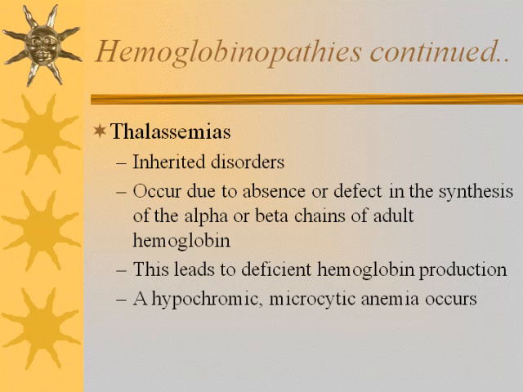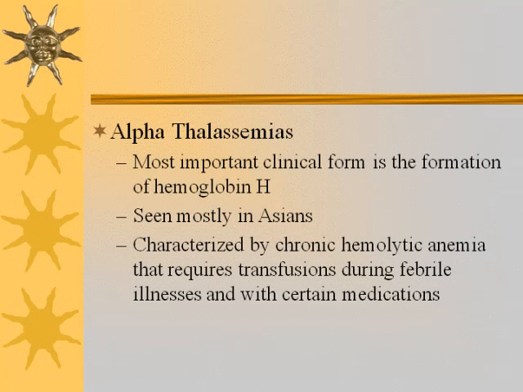This is what we would classify as a hypochromic microcytic anemia. So this is where your MCV and MCHC values would be important to look at in determining if somebody had a thalassemia that was causing them to be anemic. There are two different types, alpha and beta thalassemia, and those are on the following slides.